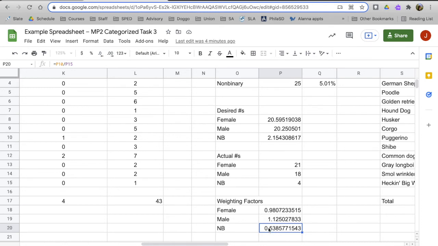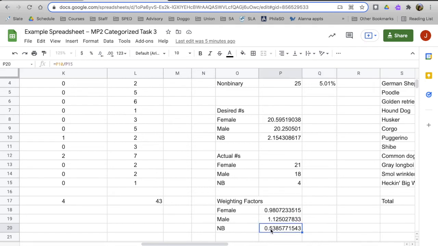The rule of thumb for weighting factors is that any weighting factor below 0.5, which is the same as saying any factor below 50%, any weighting factor below 1/2, and any weighting factor that's greater than or equal to 2, which is the same as saying greater than or equal to 200%, is a red flag. It's not a weighting factor we can trust.